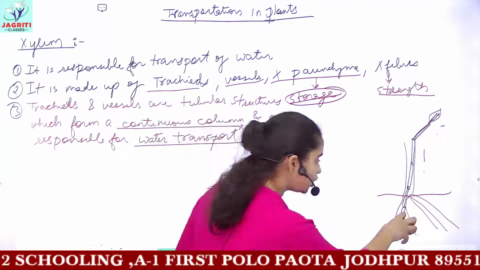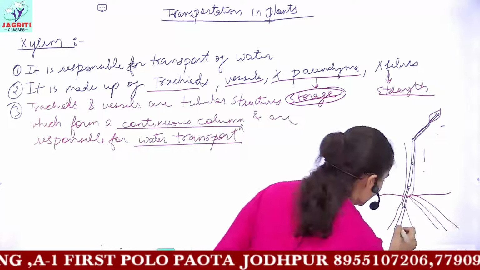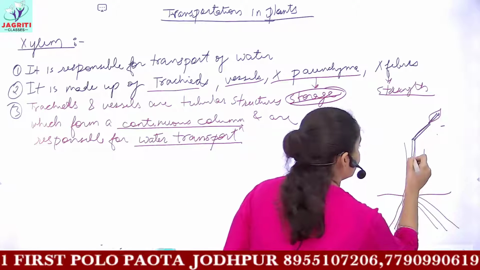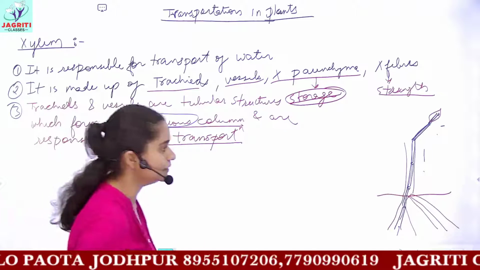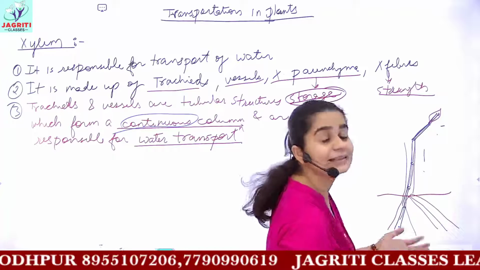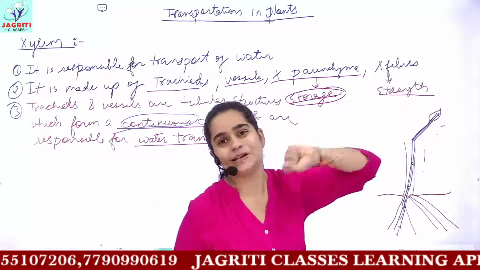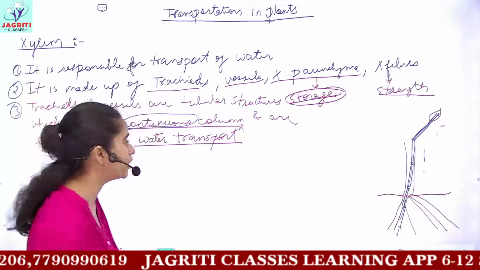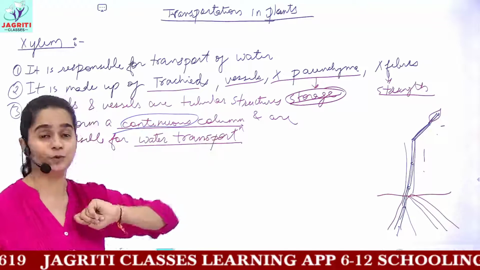When the roots absorb water, the water moves through these tracheids and vessels. Because it is a continuous column with no break in between, the water can be transported very easily from the roots, the source of absorption, to every part of the plant that requires water. So this is how water is transported.